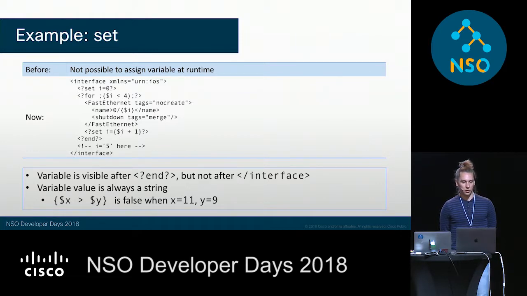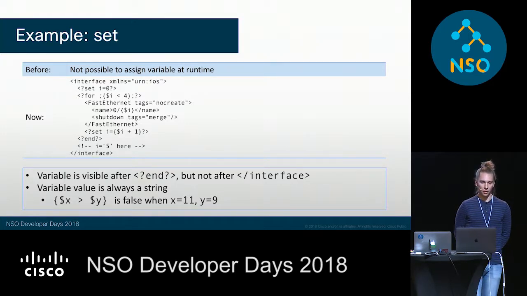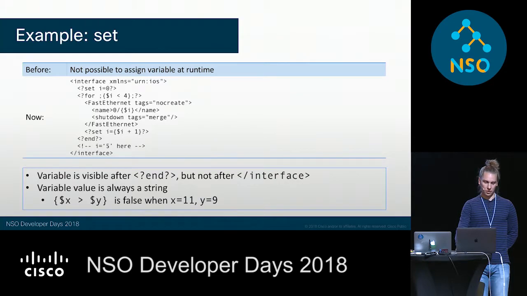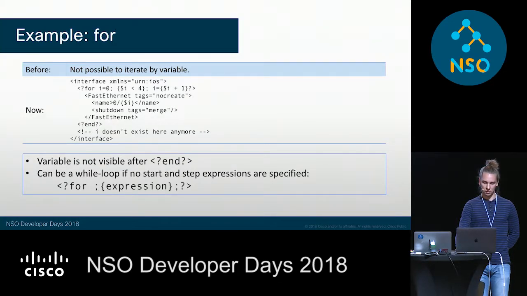But after the closing interface tag, this variable is erased. It's not visible there. And then this example is pretty much the same as in the previous slide, the for loop, except here we declare the variable before the loop, and we use the while style loop, as was mentioned in this slide.